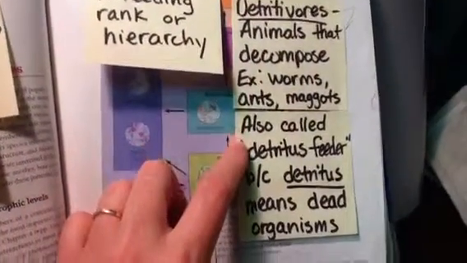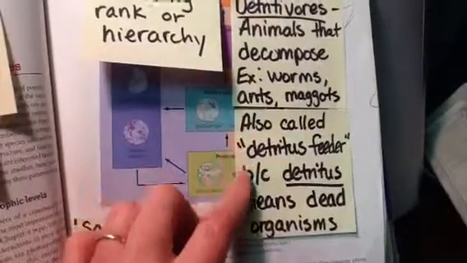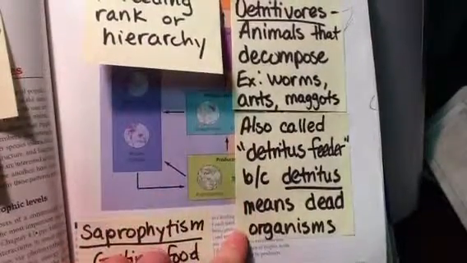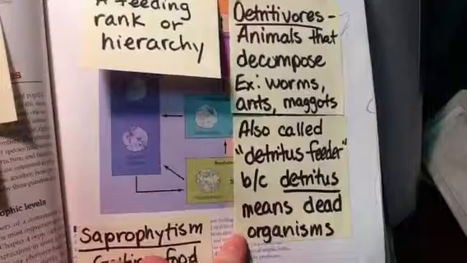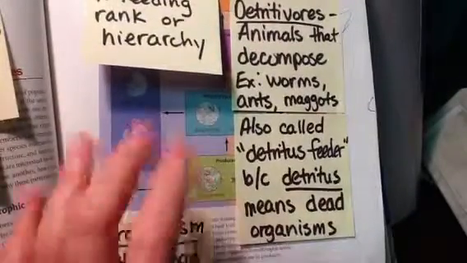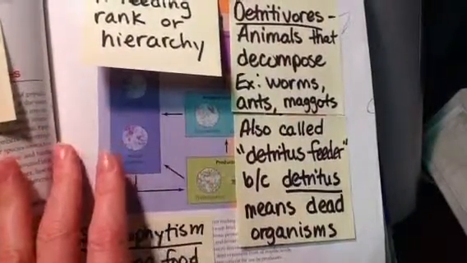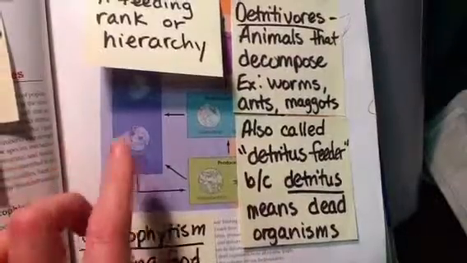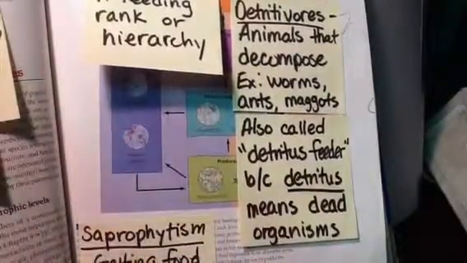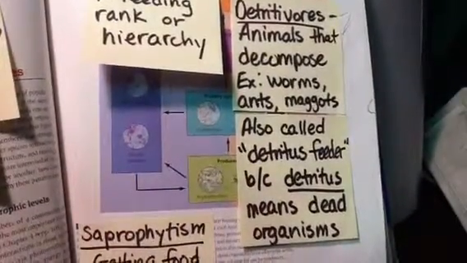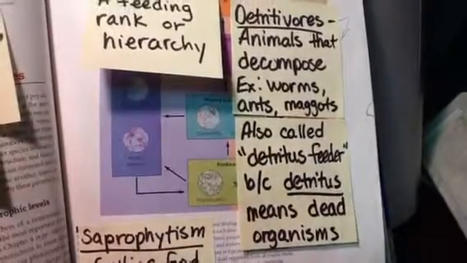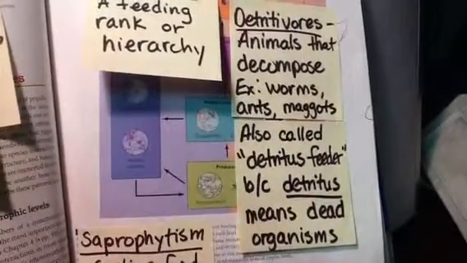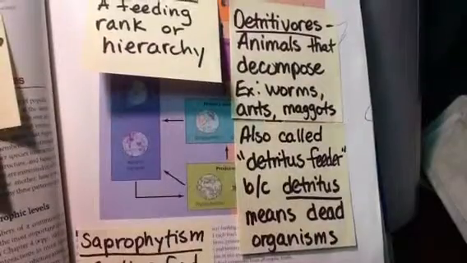Another name is detritus feeder, because the word detritus means dead organisms. The straight up decomposers are microorganisms such as bacteria, mold, fungus, and then the detritivores are animals that decompose. Make sure you understand the difference between the two.